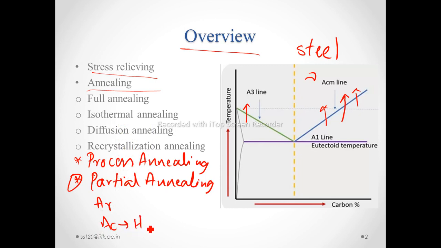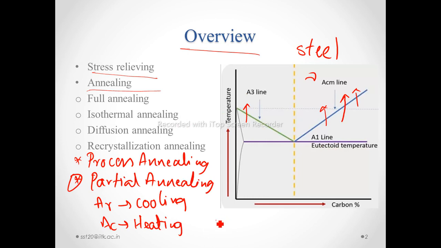AC during heating, and AR during cooling. Both A3 and ACMS lines and the A1 line, all three can be explained during heating and during cooling.